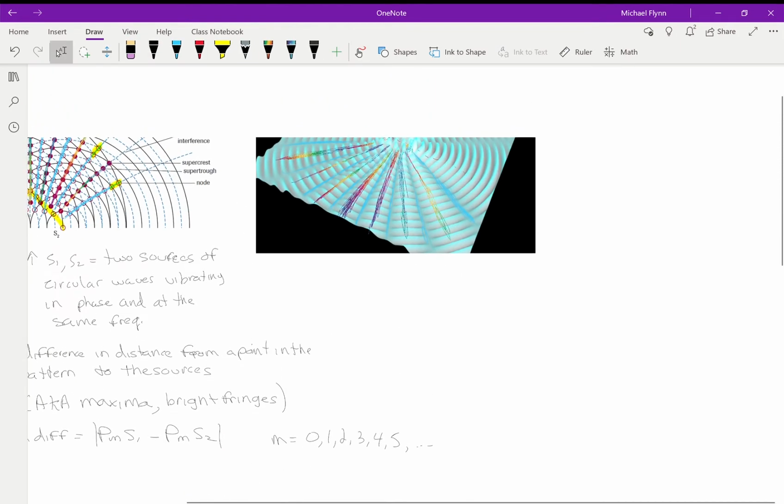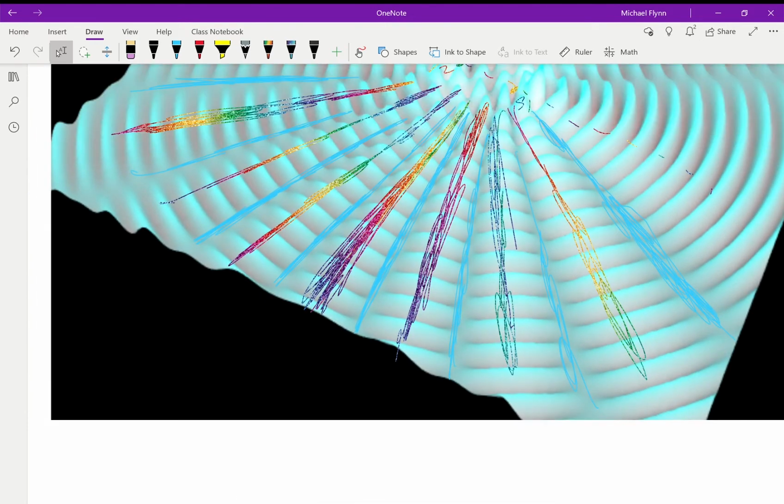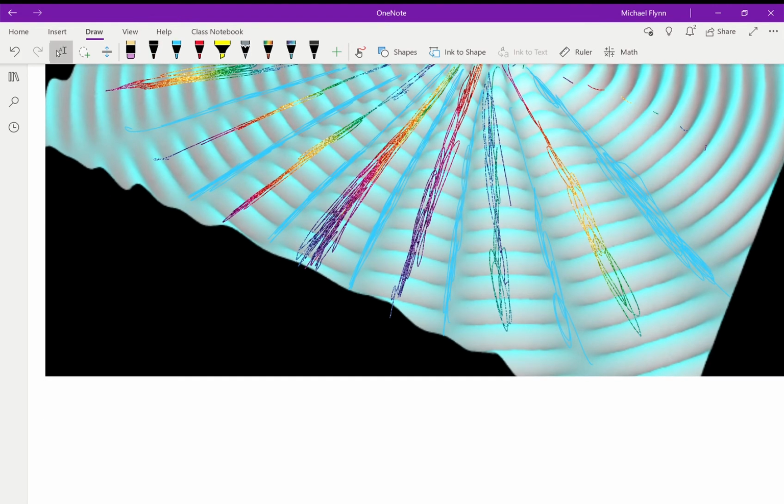Okay, so let me show you this picture here. In this picture here, we have 8 blue lines, and 7 rainbow lines. Now, there's one rainbow line that is dead center. So I'm going to use my rainbow color, that one there. That's dead center.